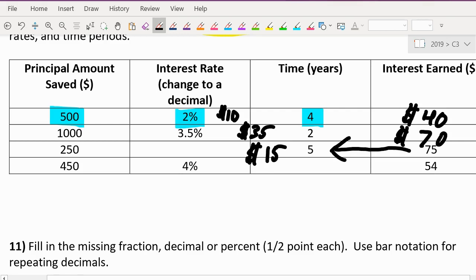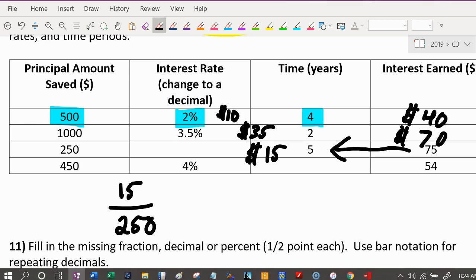And then 15 bucks, we need to find out what the percentage is. From 15 bucks to 250, how do we do that? We have 250. Wait, 15 divided by 250. Yeah, we did very good, sir. Say it louder, please. 15 divided by 250. Any two numbers, you can find the percent between them by dividing.